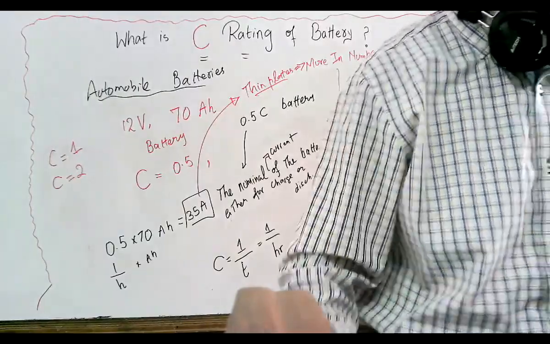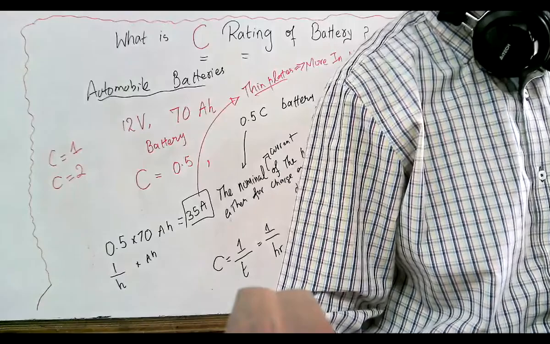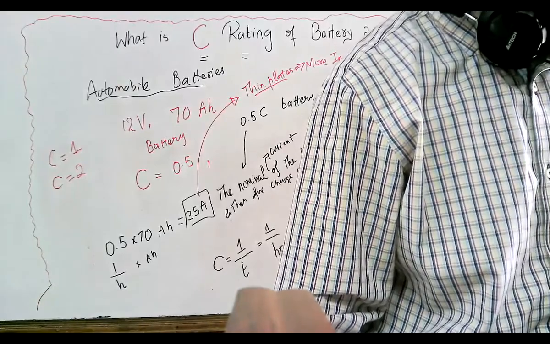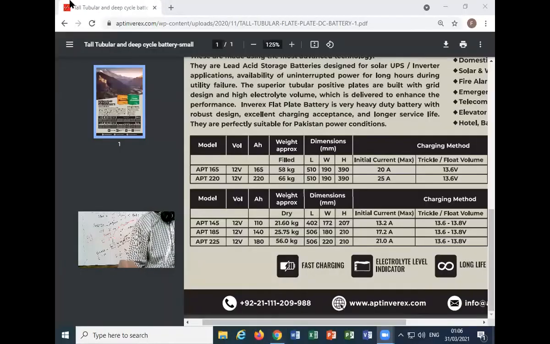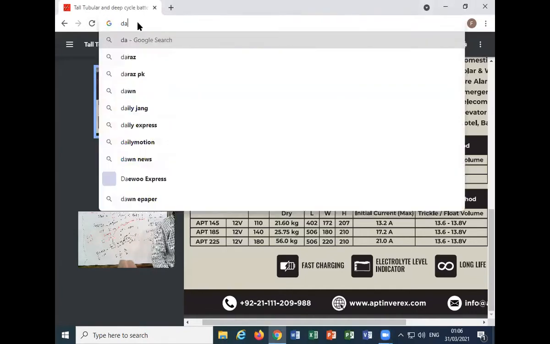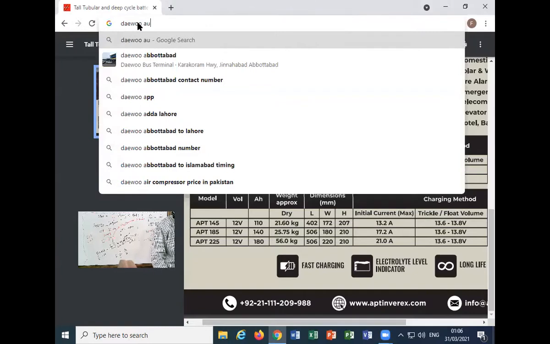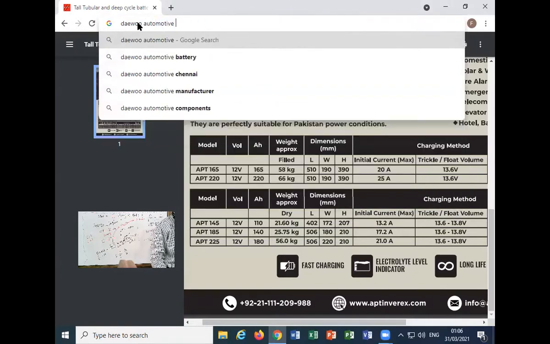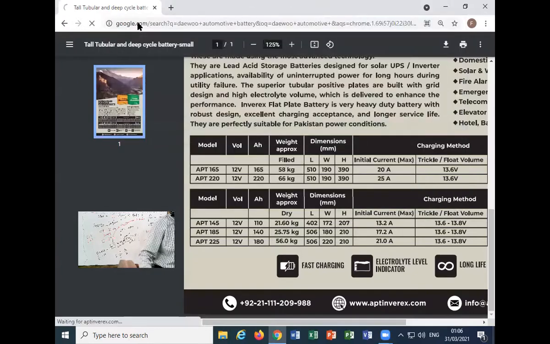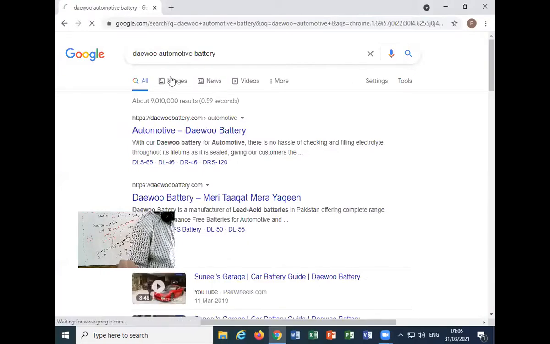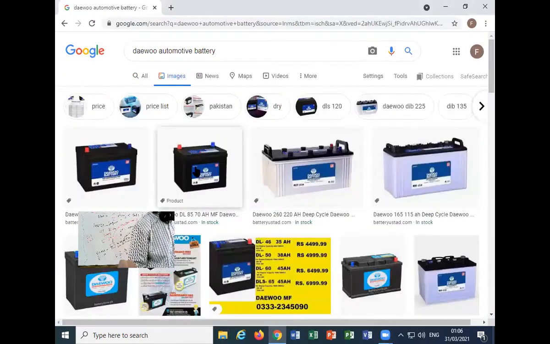Now let me share the screen and tell you about this C rating. Now let's look for Devo automotive battery. Now these are the automotive batteries.